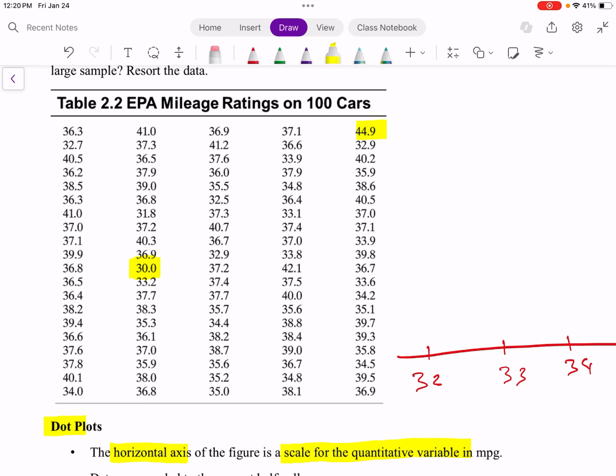Can we pick one number? We have 30 and 44, which is like 45. If we take the middle number, between 30 and 45, it's like 37. So we can just take 37 as the center number.